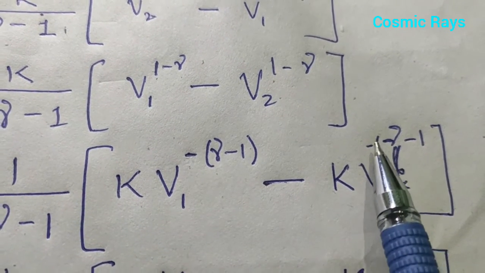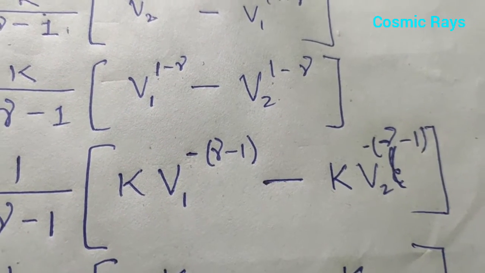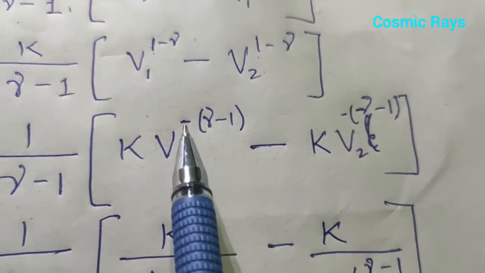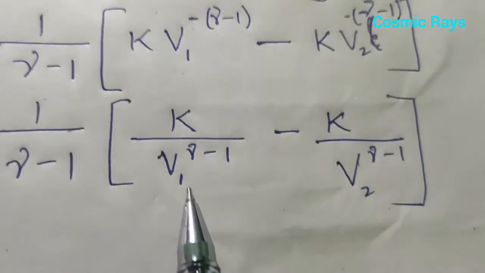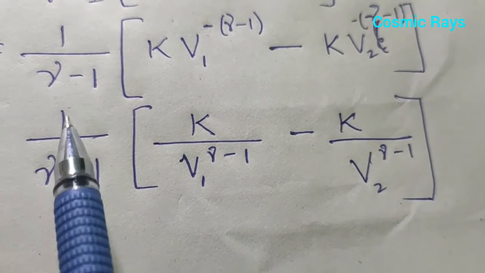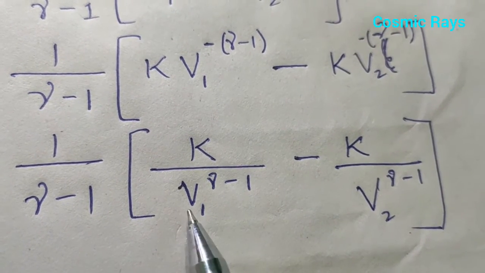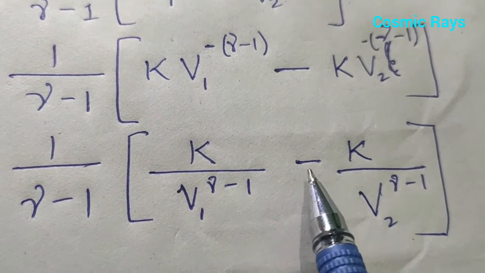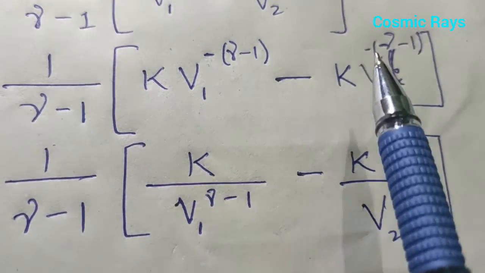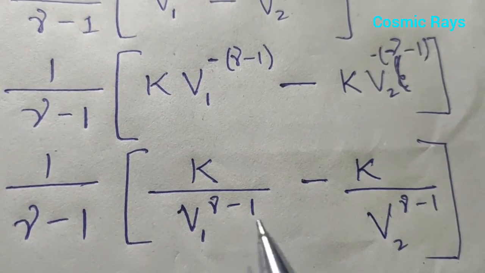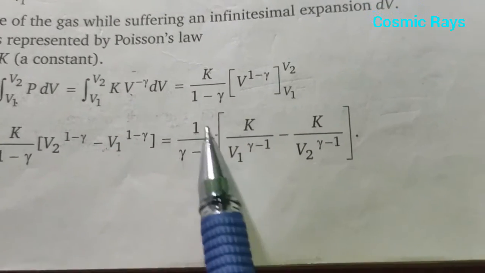Here also we take minus common, so it becomes gamma minus 1. Now anything to the power minus something can be written in the denominator to remove the minus. So it becomes W equal to 1 by gamma minus 1, bracket K by V1 to the power gamma minus 1 minus K by V2 to the power gamma minus 1, so that we can remove this minus. So this whole term has been shifted to the denominator. This is what is given in the book as this equation.